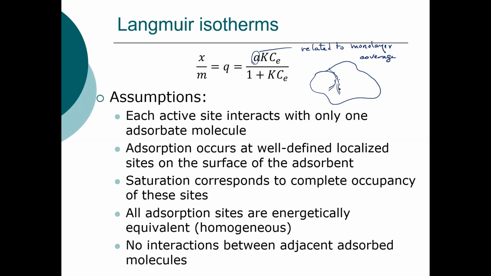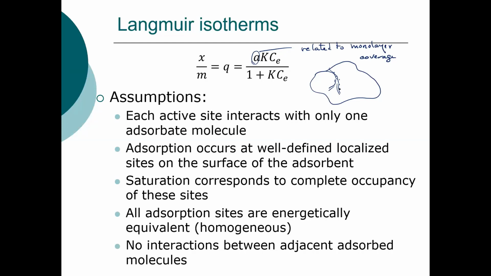So the assumptions in this model are that each active site interacts with only one molecule. So we don't have, for instance, polar-polar or polar-nonpolar interactions between molecules. The interactions are purely between the adsorbate molecule and the site.